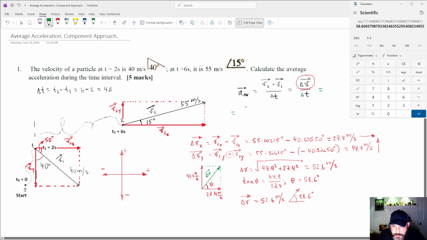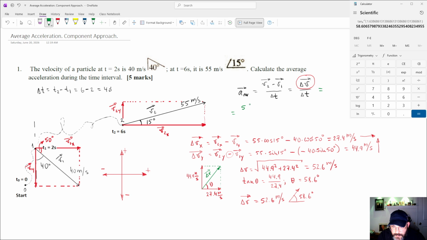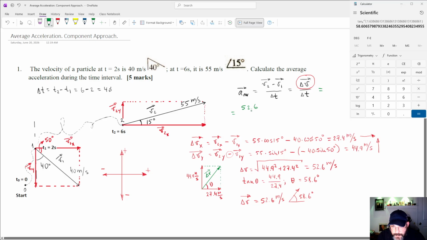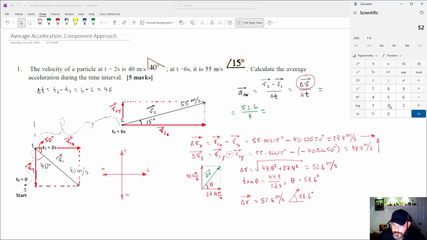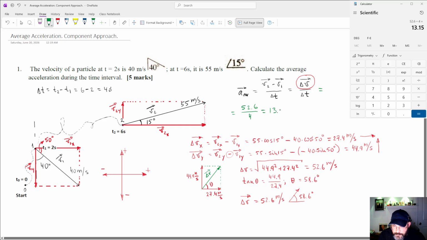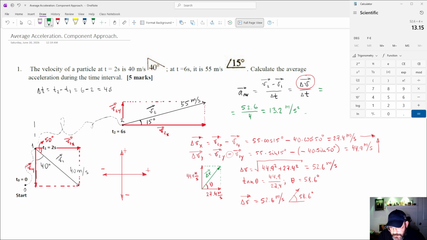So we've got 52.6 divided by 4, which is 13.2 up to the third significant figure, meters per second squared, and we've got the exact same angle.